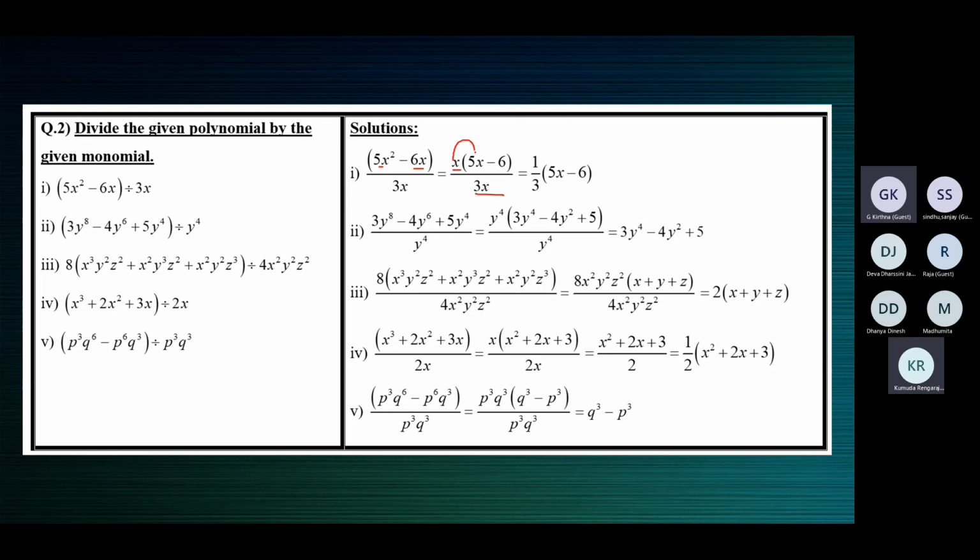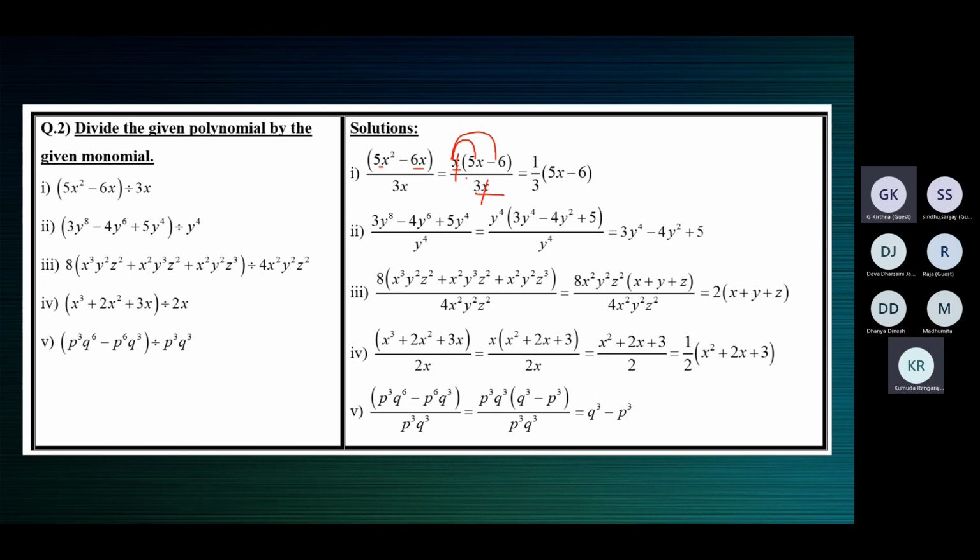X into 5x is 5x squared. X into -6 is -6x. So now what will happen? This x and this x will get cancelled. And you're left with 1 by 3, 5x, 1 by 3 of 5, because the denominator is 3, right?